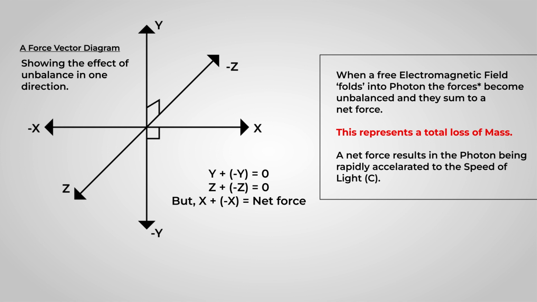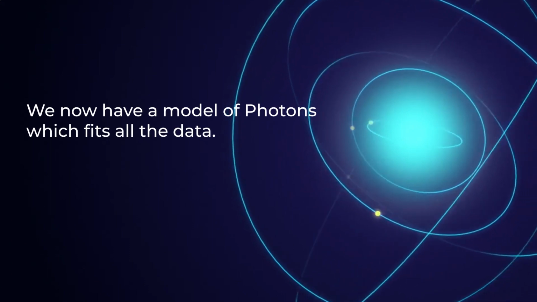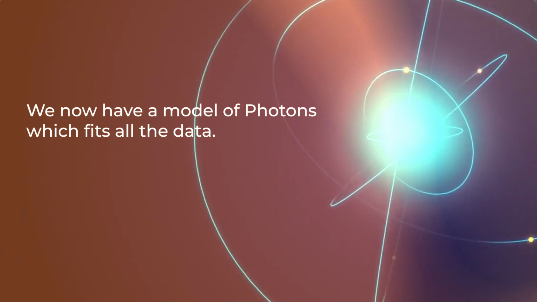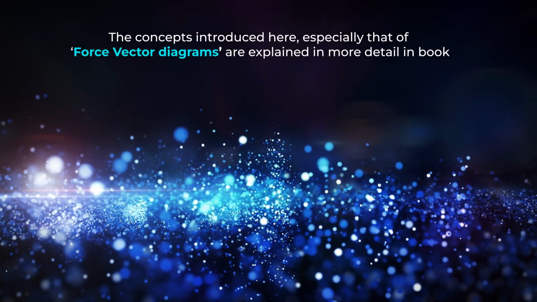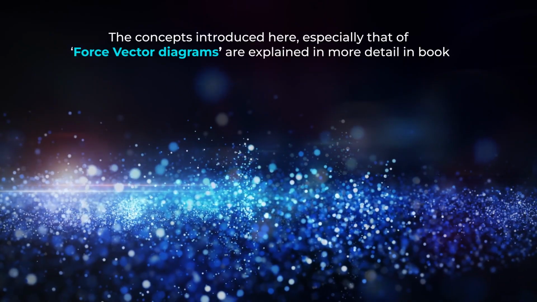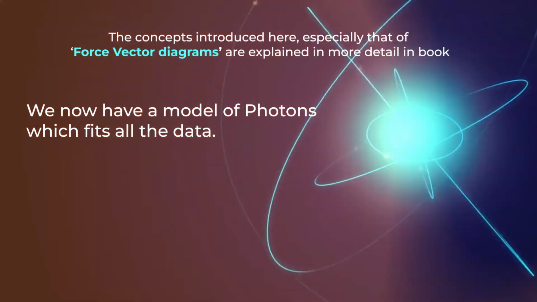This represents a total loss of mass. A net force results in the photon being rapidly accelerated to the speed of light. We now have a model for photons which fits all the data. The concepts introduced here, especially that of force vector diagrams, are explained in more detail in the book.